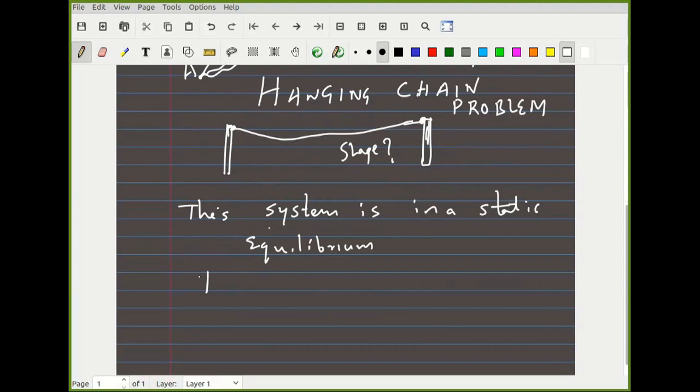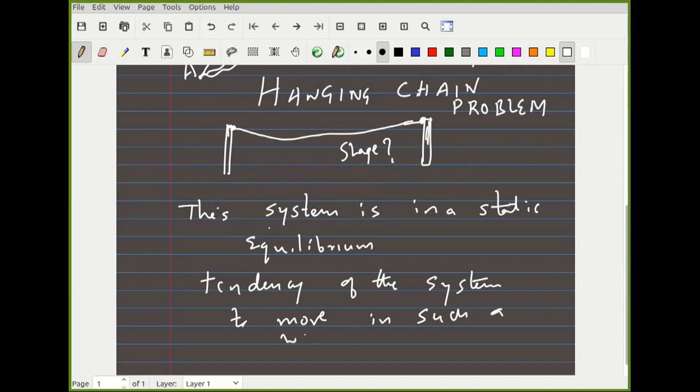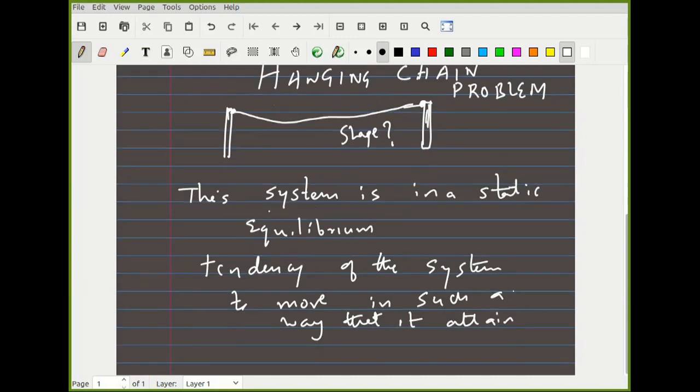So there is a tendency of the components involved, that is the whole system, to move in such a way that it attains the lowest possible potential energy. So we understood the physics of it.